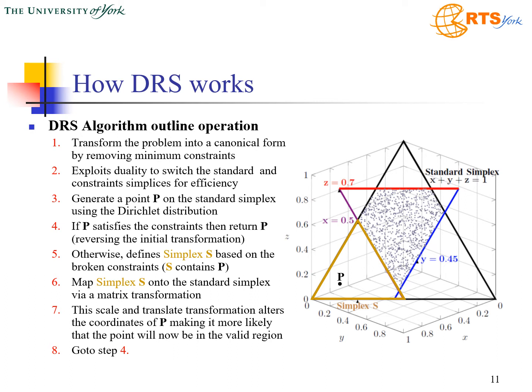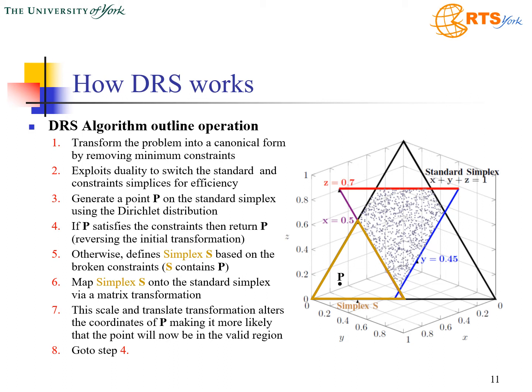It then generates a point P on the standard simplex using the Dirichlet distribution. If point P satisfies the constraints, then it's returned, reversing any initial transformations that were made. Otherwise, the algorithm defines a simplex S based on all of the constraints that are broken. This new simplex S, by definition, contains the point P.